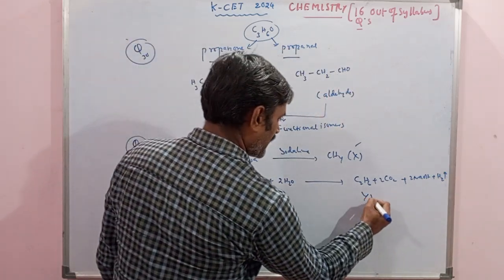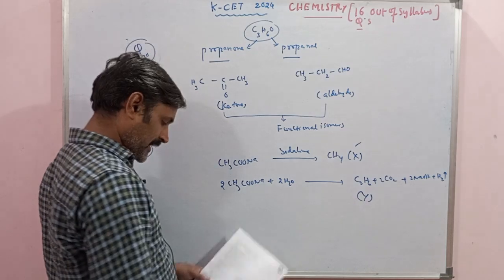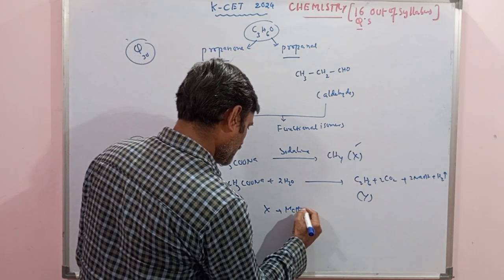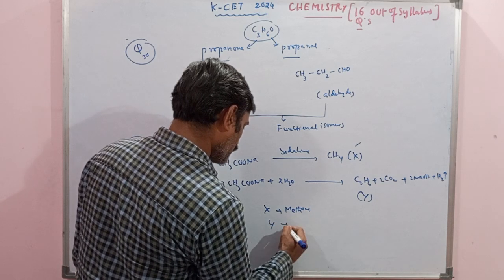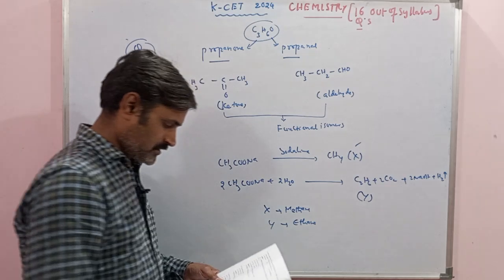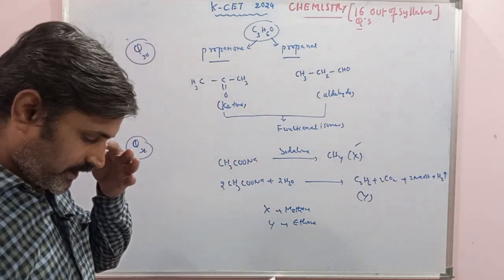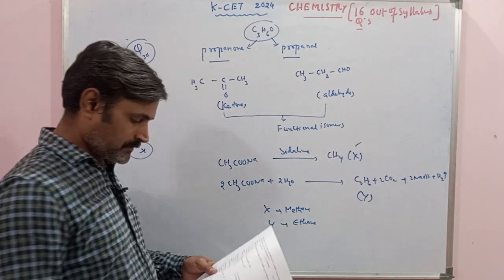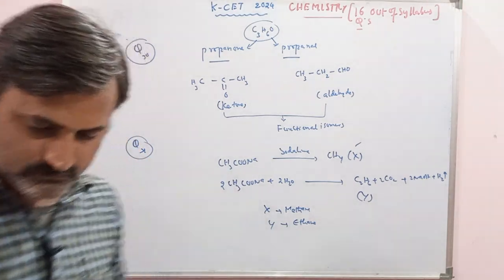So what is Y? They asked. Y is ethane. X is methane. This is the first option, the right option for question number 31.